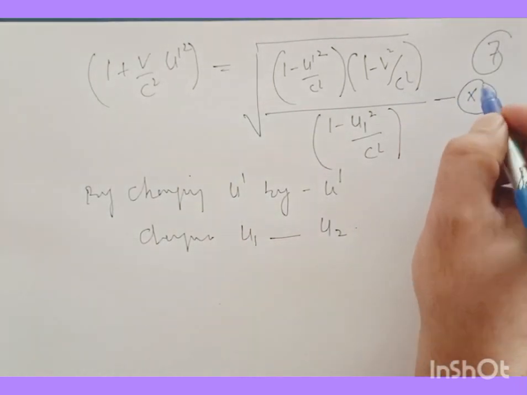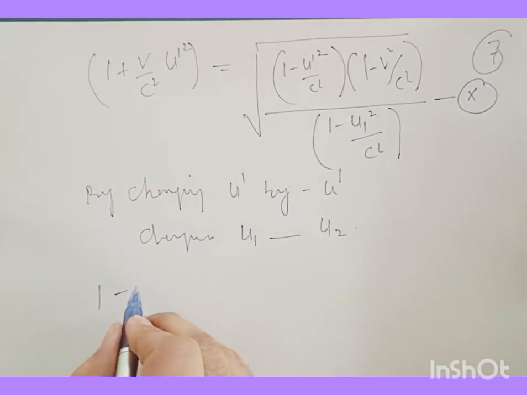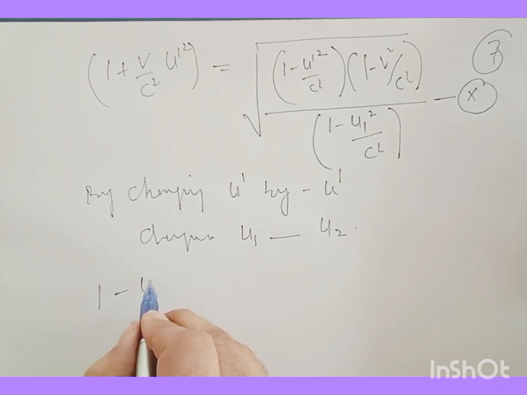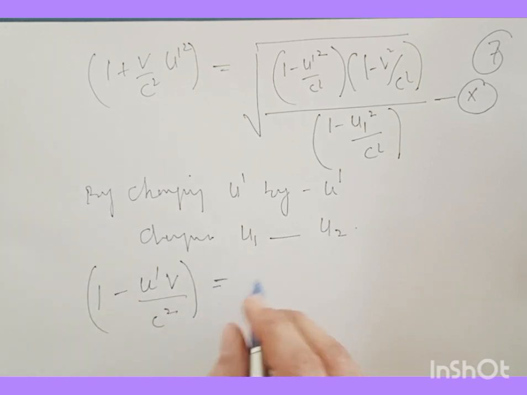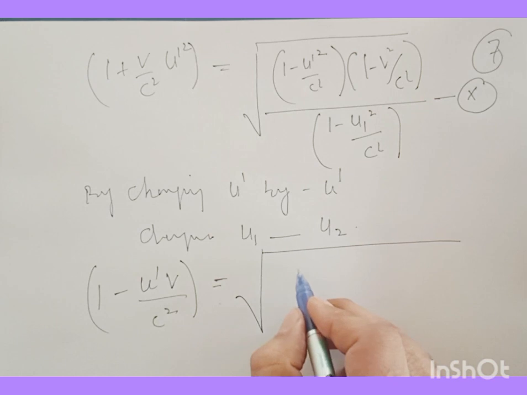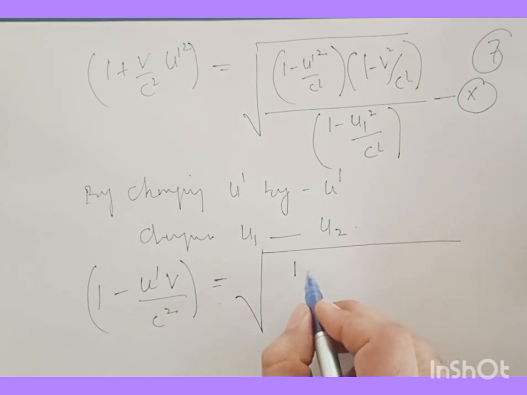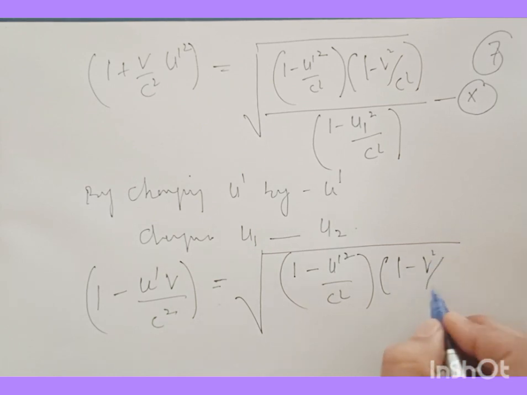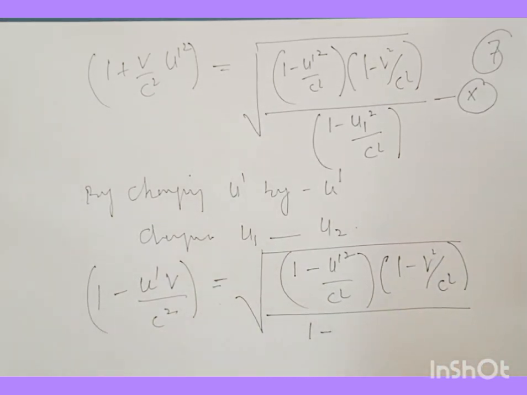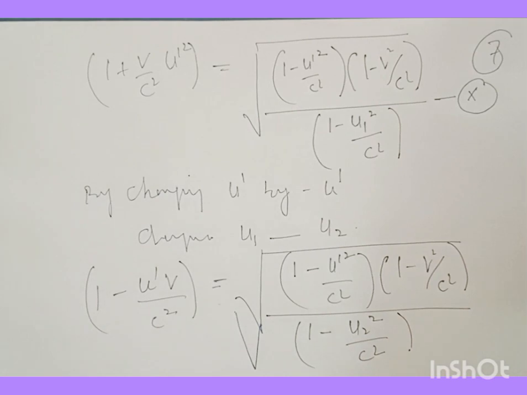I will call this equation X. Here I'll get 1 minus u dash v divided by c square, equal to the root of 1 minus u dash square by c square, which will remain the same because we have the square of it, times 1 minus v square by c square, divided by 1 minus, instead of u1 I'm going to write u2, so 1 minus u2 square by c square. Now this whole thing is in the root.